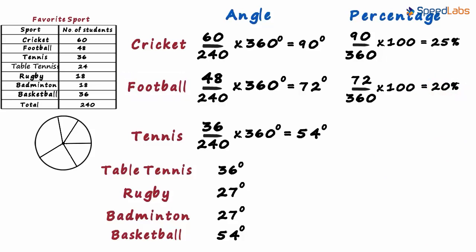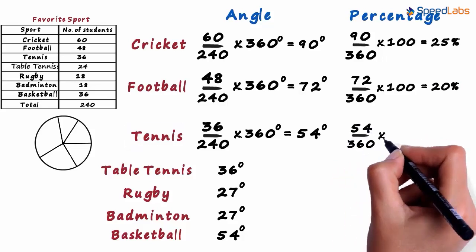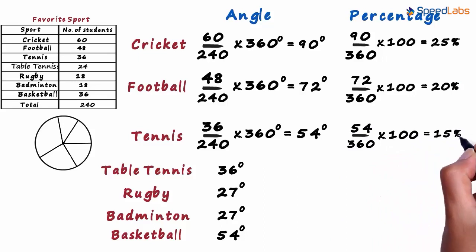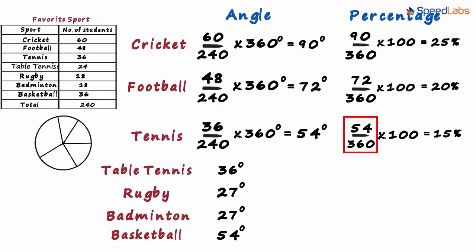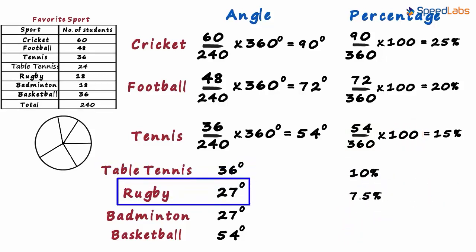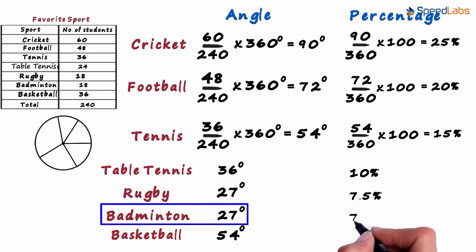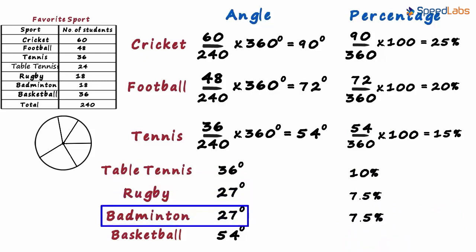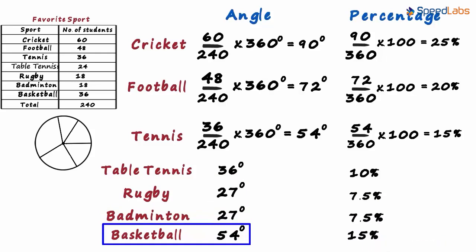Similarly, the percentage for tennis would be 54 by 360 multiplied by 100, which is 15%. Angle of that sport divided by the angle the entire circle subtends at the center multiplied by 100. Table tennis would be 10%, rugby 7.5%, badminton also 7.5%, and basketball 15%.